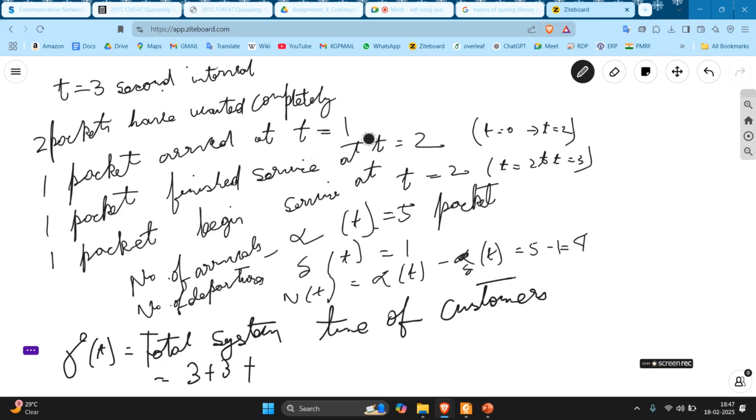So it has waited from t equal to 1 to t equal to 3. So it has 2 seconds waiting time. One packet finished service at t equal to 2. So it has 0 waiting time, but it has a service time of 2 seconds. And one packet began service at t equal to 2. So it was waiting for 2 seconds, and then it began service. So 2 seconds of waiting and 1 second of service. So total gamma(t) will be 6, 8, 10, 13 seconds. So gamma(t) is 13 seconds.